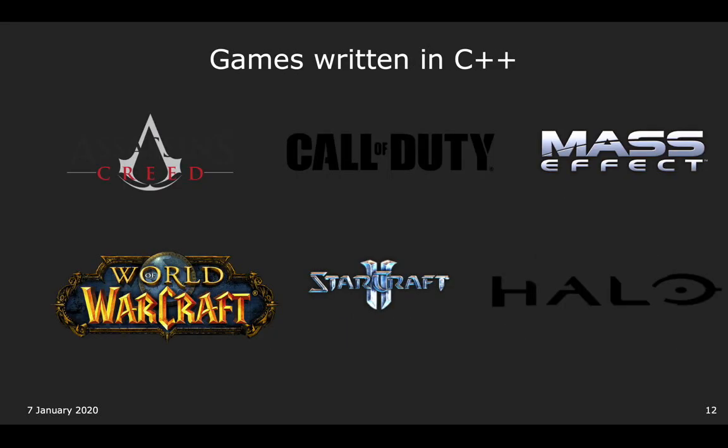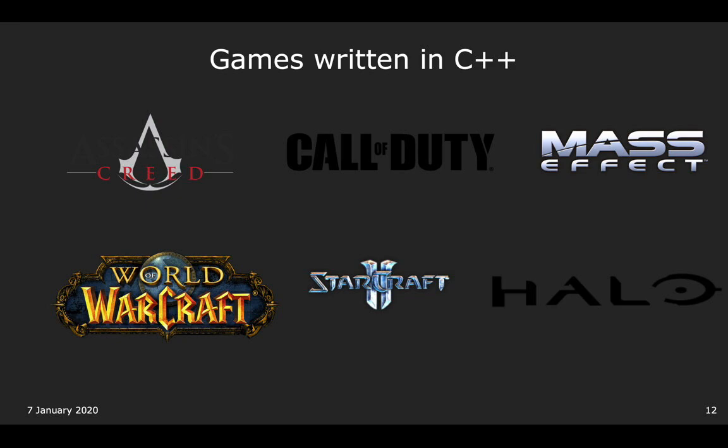Games. A lot of games are written in C++. From what you know about gaming, these games are pretty intensive. They use a lot of memory. If you've ever tried running a game on your laptop and your laptop's not good, it's considerably slow.